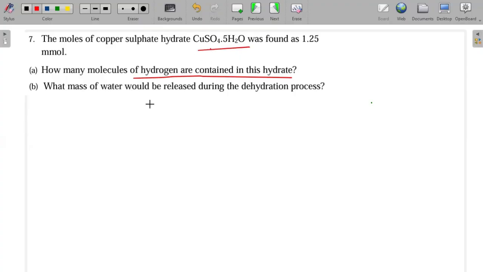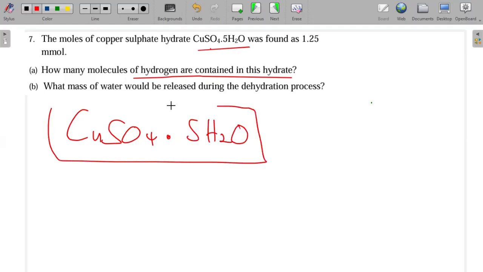So from this formula here, CuSO4 point, the water of hydration like this, this whole thing here is considered as one molecule, one molecule of copper sulfate hydrate.